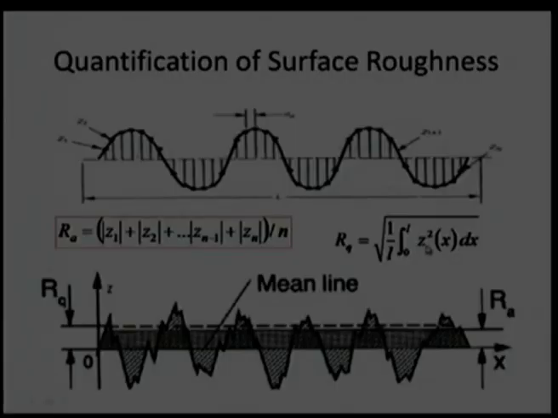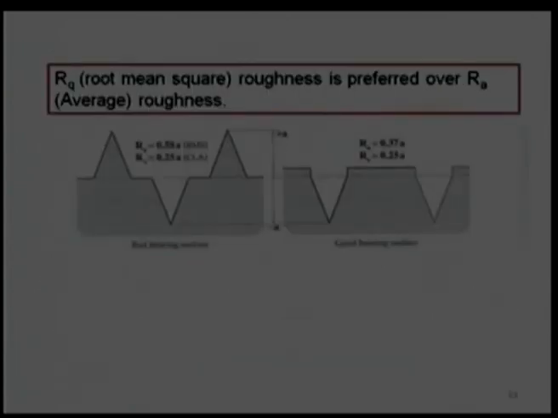So, if Z is lower, say 1 unit, it is going to get only 1 unit, but if Z is 2 units, the result is going to be 4 units. So, more penalty is paid. If Z is 3 units, Z square will turn out to be 9 units. So, a much higher penalty. That is the reason why the RQ value is preferred over the RA value. It gives a much more meaningful result from a tribological application point of view.